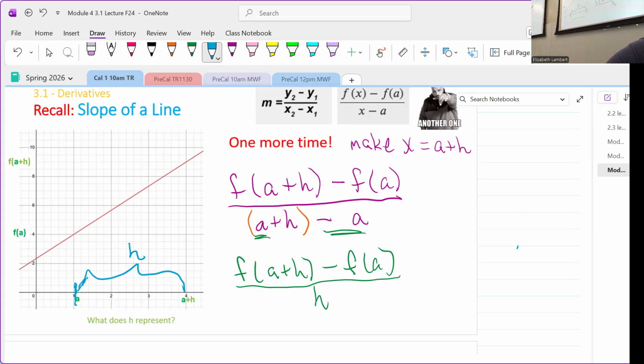So in this picture, a is 1 and h is 3 more units than 1 to get at a plus h, which is 4. So I'm looking at h not as a position on the x-axis, but h is the distance, the x distance between the 2 points we're picking for our slope.